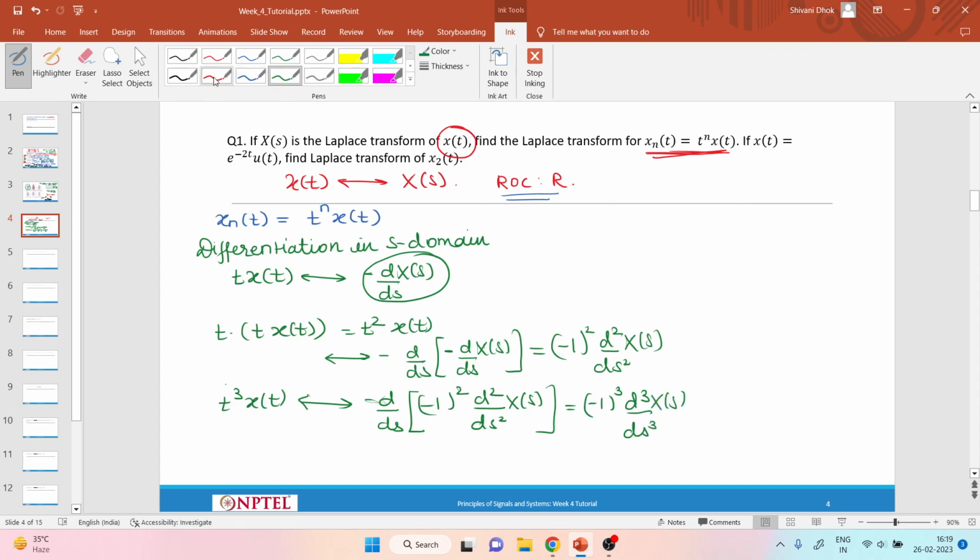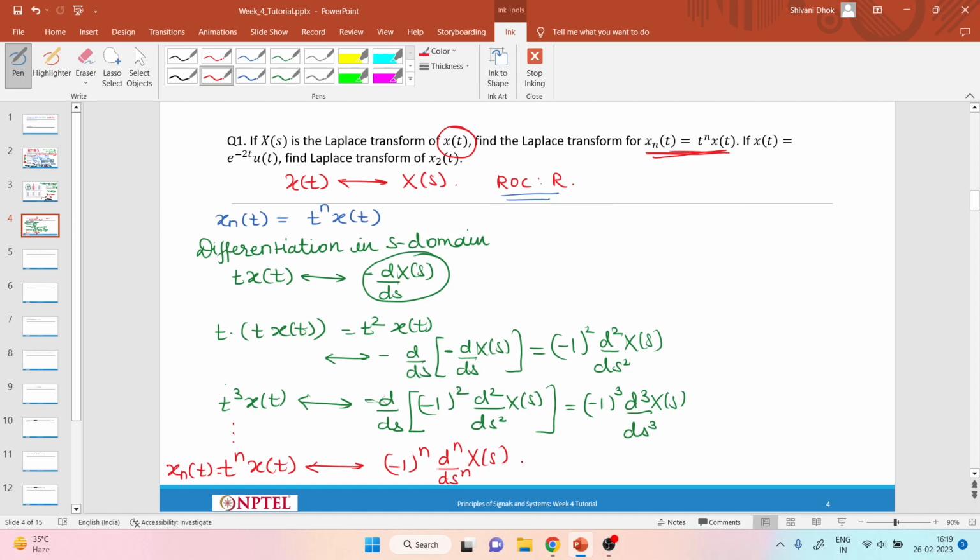So if I extend it and see the pattern, I can write that t^n x(t) has a Laplace transform of (-1)^n d^n/ds^n X(s). So this is the Laplace transform for my signal x_n(t).